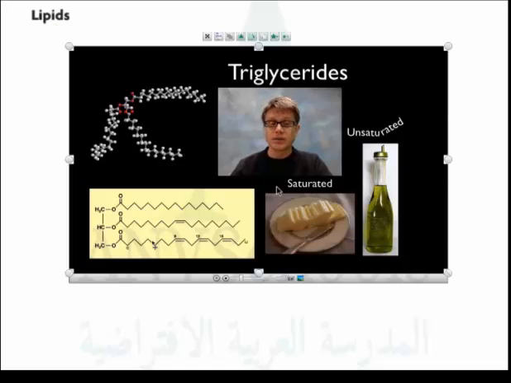So these are the fatty acids, and this is the glycerol. The 3 molecules of fatty acids will join together with the glycerol to form these fats.